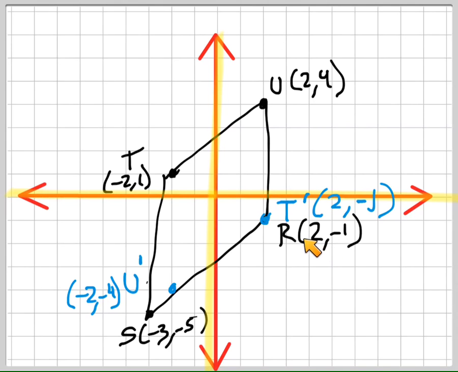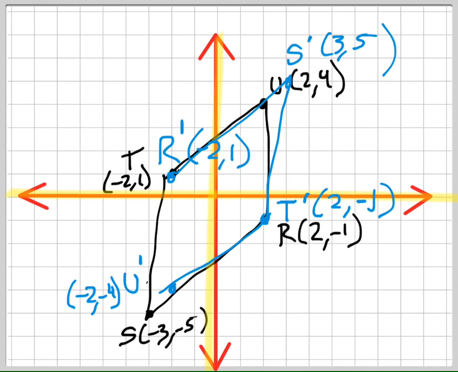R prime is going to be at -2, +1. So R prime is going to lay on top of there. And S prime is going to be at 3, 5. My figure would look like that.